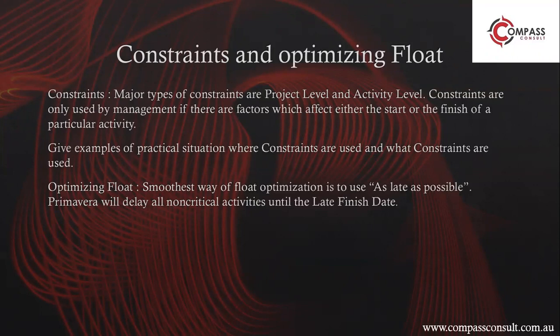Constraints are only used by management if there are factors which affect either the start or the finish of a particular activity. What I would suggest to all the planners is to apply a constraint on all the contract obligation dates, and the inner activities between those constraints need to be managed.